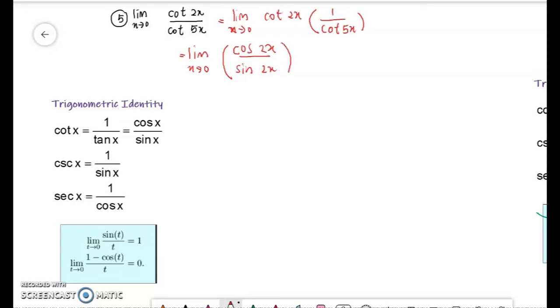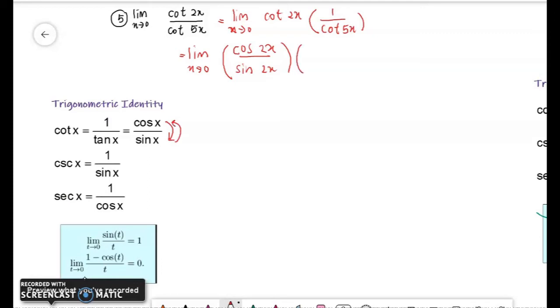So how about 1 over cotangent 5x? Actually, that one you can make like this, because of 1 over cotangent, we'll get sine 5x over cos 5x.